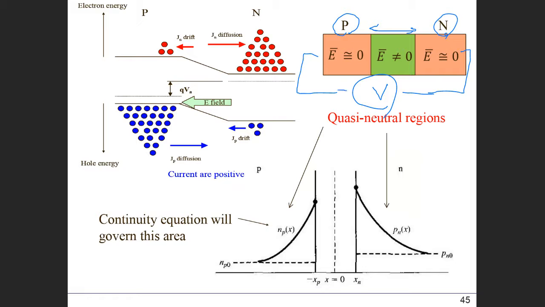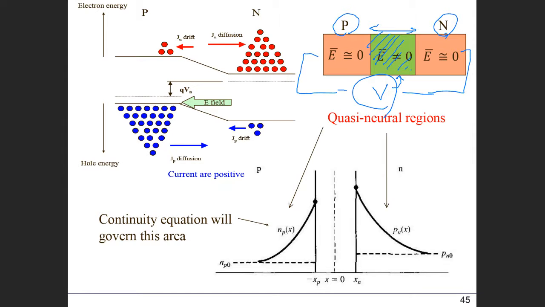most of the bias at this ideal PN junction diode is, as we discussed, going to this depletion region. So we can effectively say that the electric field throughout this PN junction diode only exists within the depletion region.